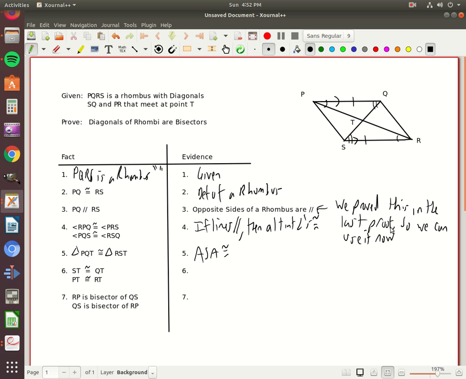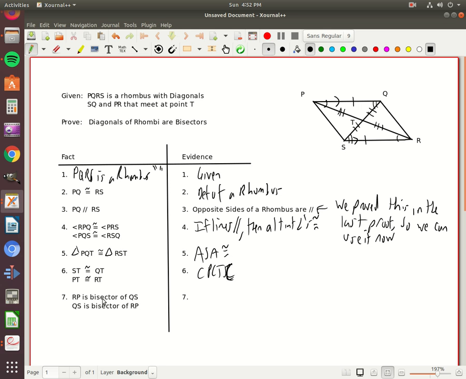So I can say that ST is congruent to QT, and I can say that PT is congruent to RT because that is CPCTC. I know that these triangles are congruent, so the parts must also be congruent.